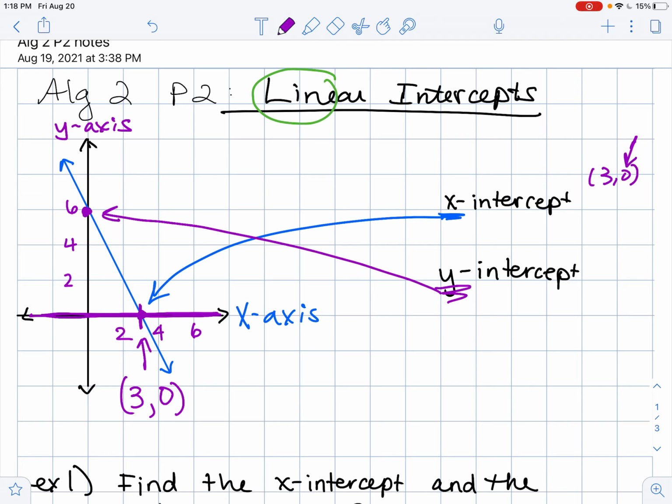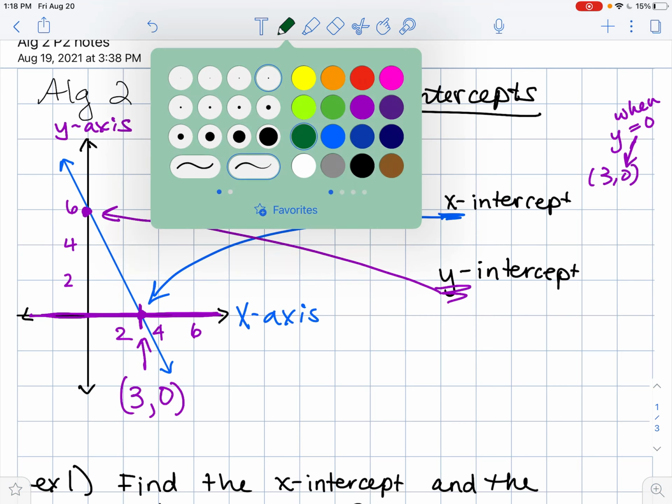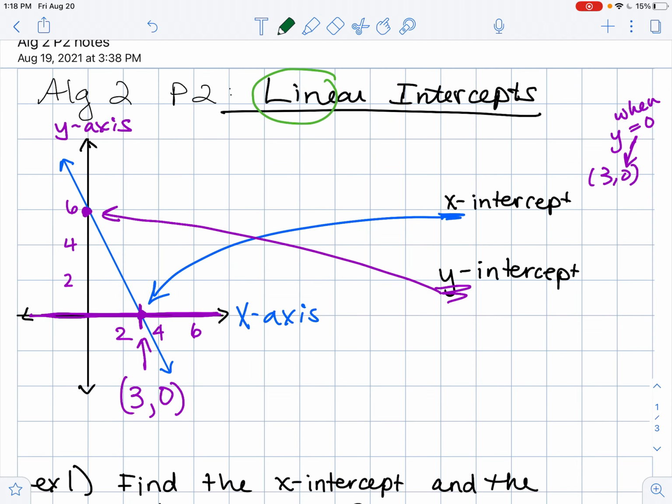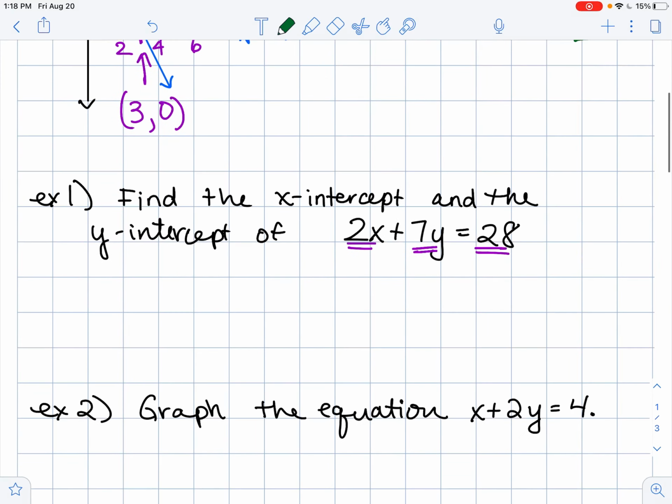That the x-intercept happens when the y equals 0. And conversely, for the y-intercept, when it's on the y-axis, we call this point 0, 6. And that's because it's when the x equals 0. So let's take that knowledge, knowing that the y-axis is when x equals 0, and the x-intercept is when the y equals 0, and use it over here.